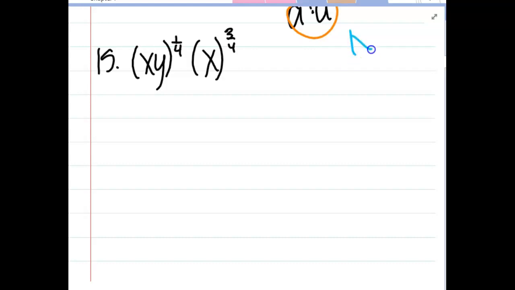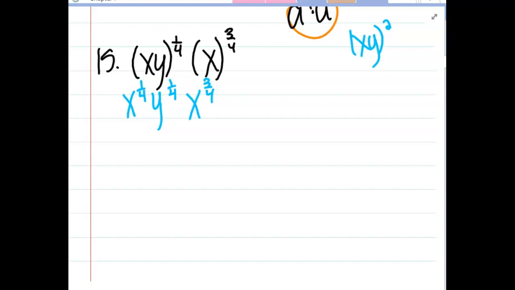If this said xy squared, hopefully we would remember that it means you have to square everything inside of there. It's the same thing if you want to take everything in here to the 1/4 power. So it's going to be x to the 1/4, y to the 1/4, and then this is just going to say x to the 3/4.